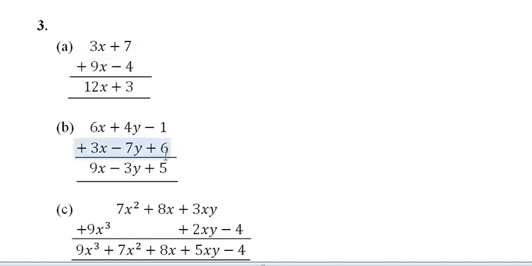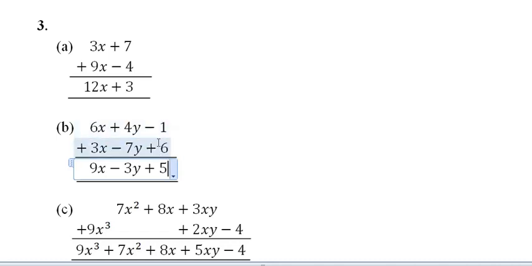Okay. Similarly, in question number 3b, we will write the expressions as 6x plus 4y minus 1, and plus 3x minus 7y plus 6. So we have two different magnitudes here, two different signs.